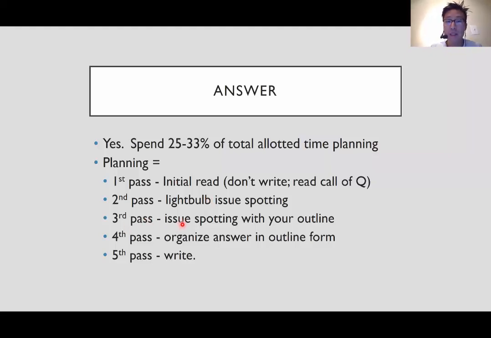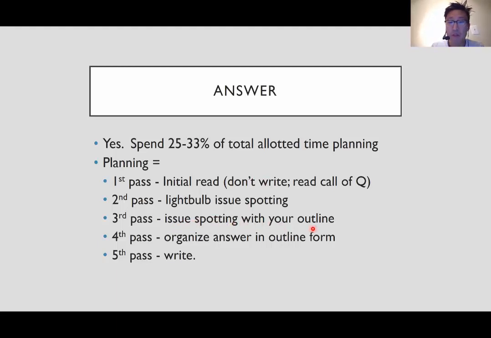On the third pass, especially if it's an open book exam, but even if it's not, you take a more deliberate approach, looking for gaps that you didn't notice. So in the second pass, you're grabbing the easiest issues, the ones that just pop out at you. On this pass, and it's a little bit easier if you have an open book exam and you've got an outline, you're issue spotting more deliberately, and you're looking at the facts that you didn't know what to do with before, because you've scooped up all the easy ones and put them out of the way.